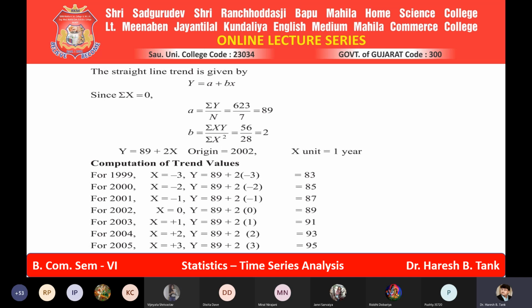Simplify it and get all the values, and those values are 83, 85, 87 and so on up to 95. Are all of you getting these values? Yes, sir.